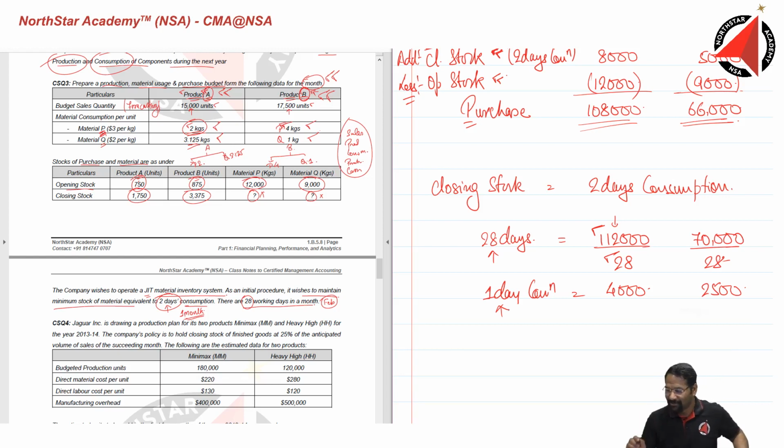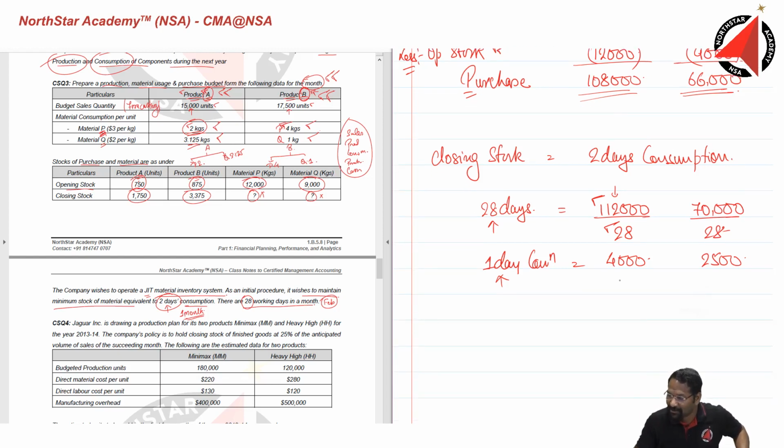Fine. So in 1 day, how much will you consume? You will consume 4,000 and 2,500. Done. If you are consuming that much in 1 day, how much will you consume in 2 days? 4,000 into 2. This is so basic mathematics, and this is 8,000 and 5,000.